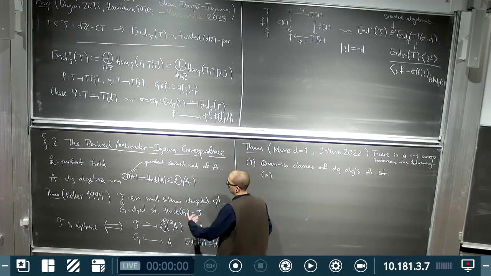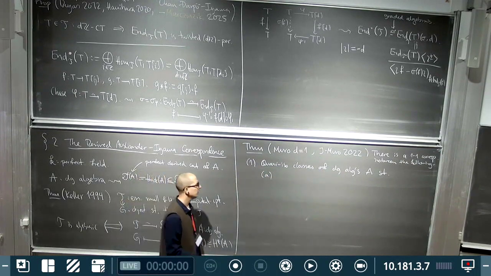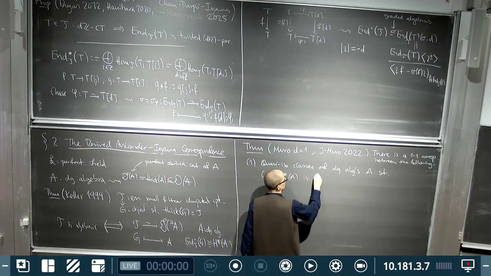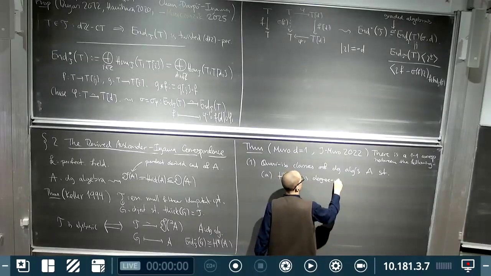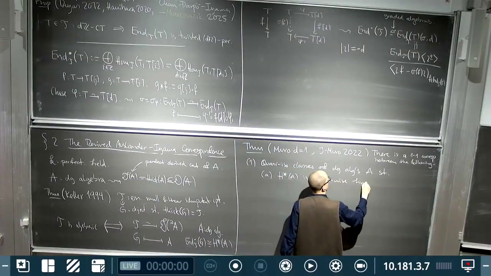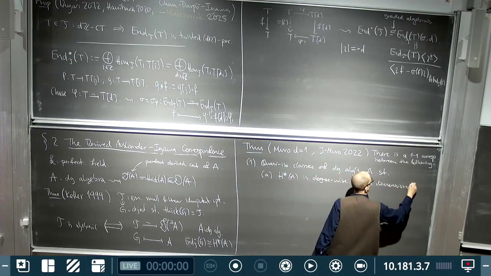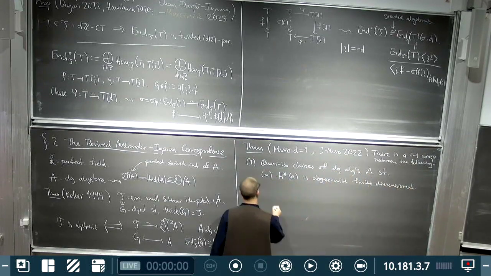First, because I want to work in this homologically finite setting, the cohomology of A is degree-wise finite dimensional. This is an important assumption for us.